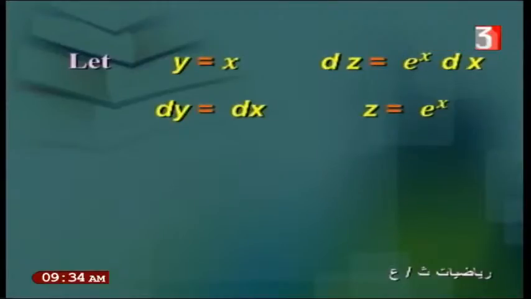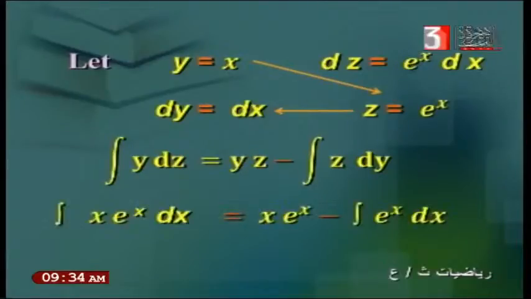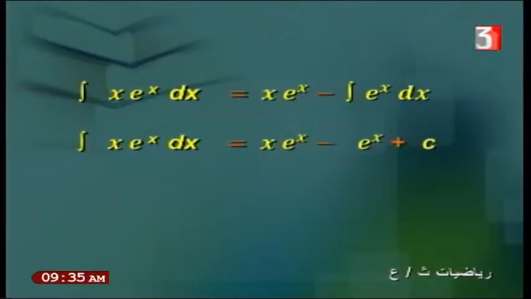And from the rule of integration by parts, yz minus the integration of z dy. The integration of x e power x dx equals x multiplied by e power x minus the integration of e power x dx. The first term x e power x is the integrated part, and the second term, negative the integration of e power x dx, equals negative e power x plus c.